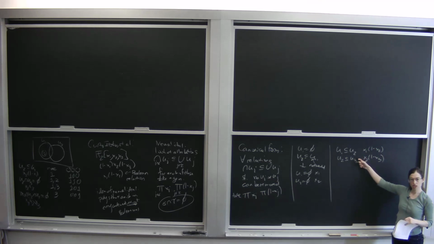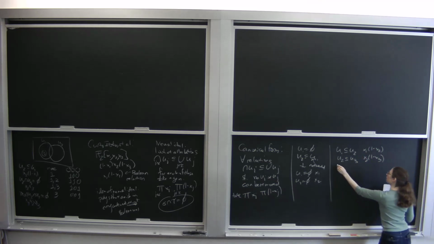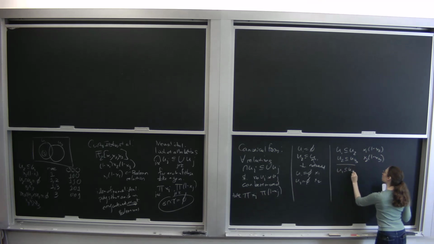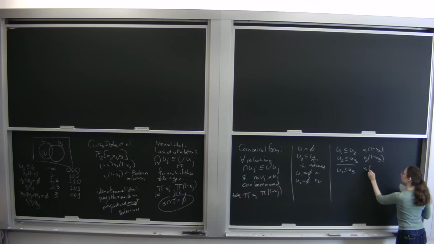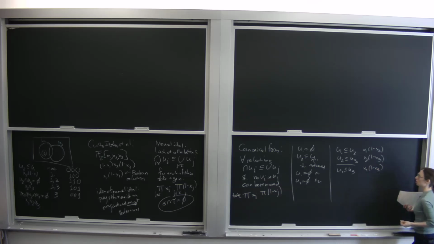But if these are relations, then I also have to have this relation. It's also true. Maybe I didn't think of it in the first place because it seemed kind of obvious, but it is also true. It is also minimal. And so this is actually the canonical form. It requires all three things.